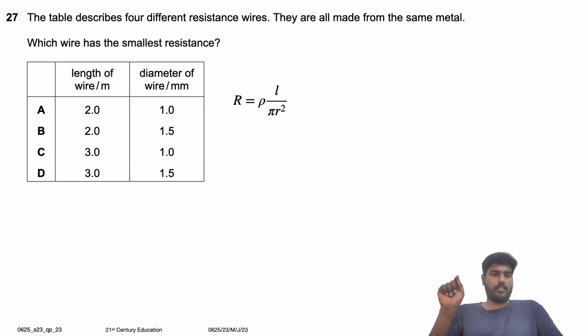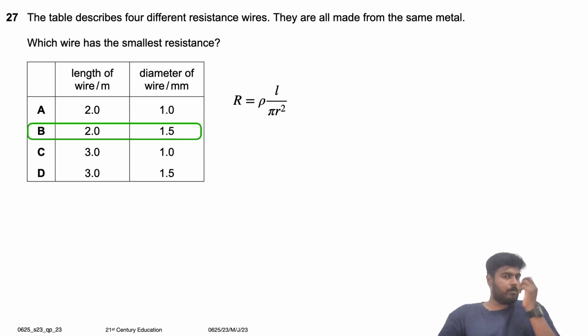So the longer length will have longer resistance, but we are looking for smallest resistance. So which has smaller length, either A or B, and which in the smallest length has longer diameter, larger radius, B. So 2 meter and 1.5 millimeter diameter. Yes.